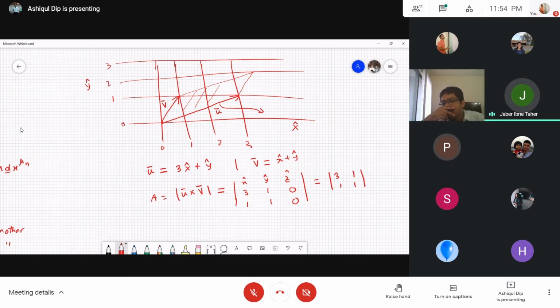Yes, because only the z axis will survive. So any area you construct out of vectors has this kind of determinant in it.